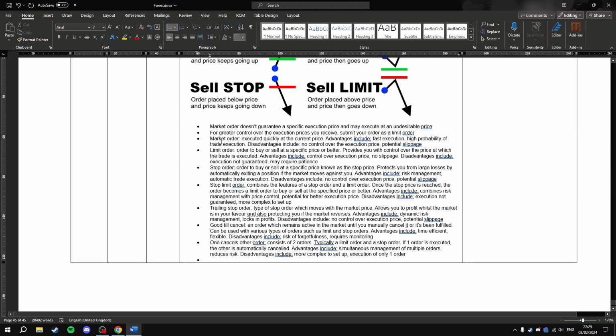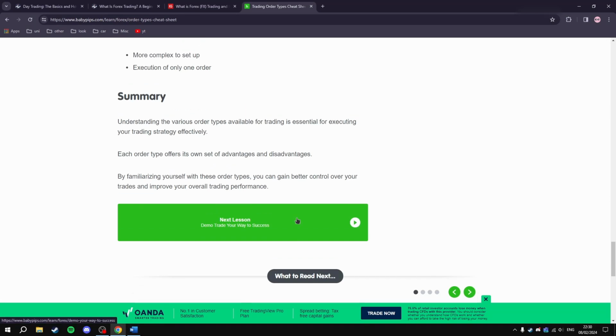For example, all the advantages and disadvantages over here, with risk management, and then have the limit order, stop order, market order down this column, and have the criteria's advantages and disadvantages in the rows, and then just do tick boxes matching the advantage or disadvantage to the actual order type. So probably going to do that in the future.